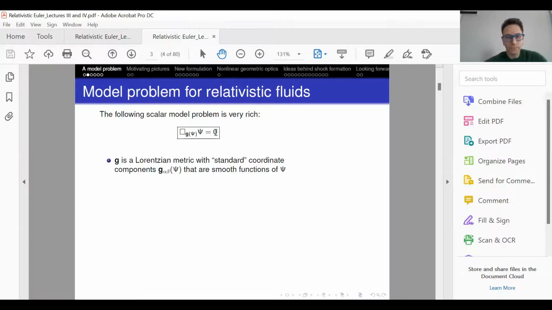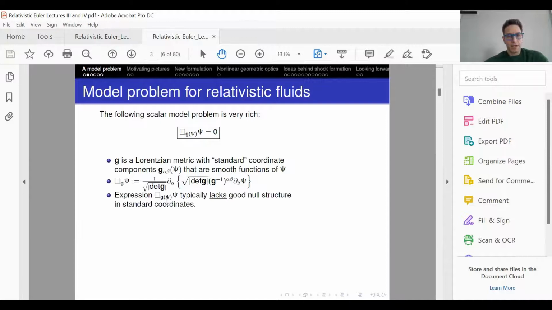Okay, so remember box, if you expand it with respect to the rectangular coordinates, it looks like this. And you will get quadratic terms in the derivatives of psi, like when d alpha falls on g, which is a function of psi. This gives you quadratic terms.